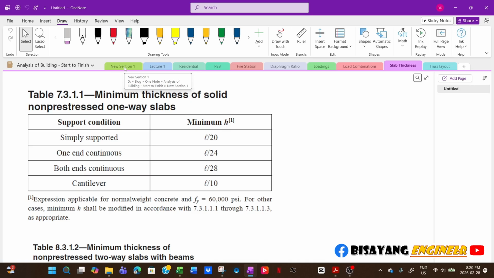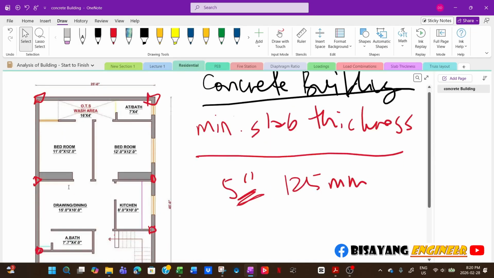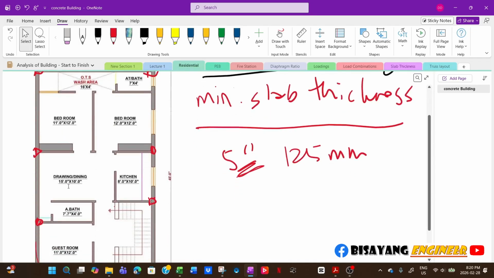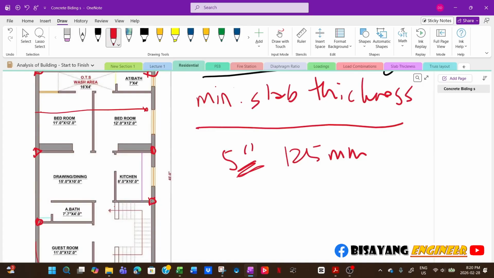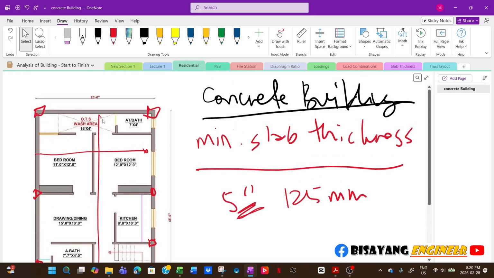So you have one end continuous, both ends continuous, and then cantilever. So for example, we will have both ends continuous. In this case, for example, our slab spans this way. You don't have any intermediate beam in this direction. I mean, you can if you want, but this is only like 25 feet.